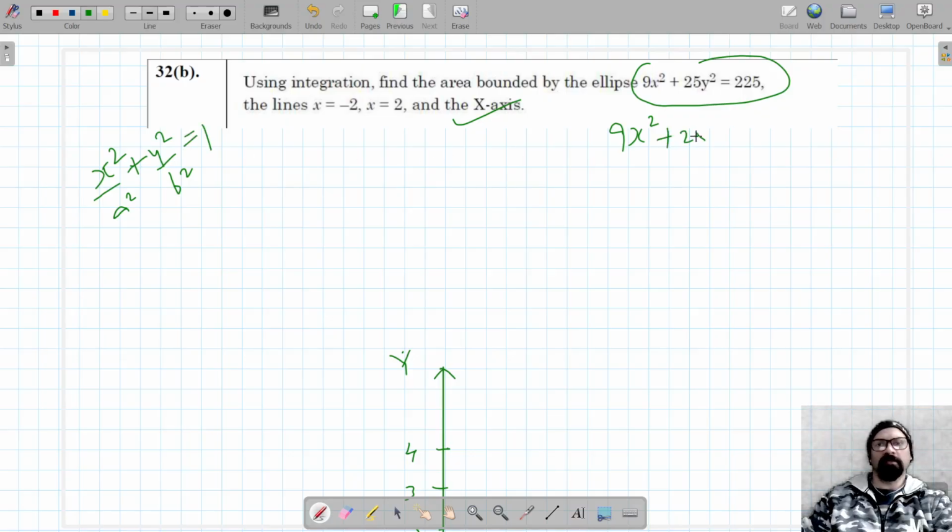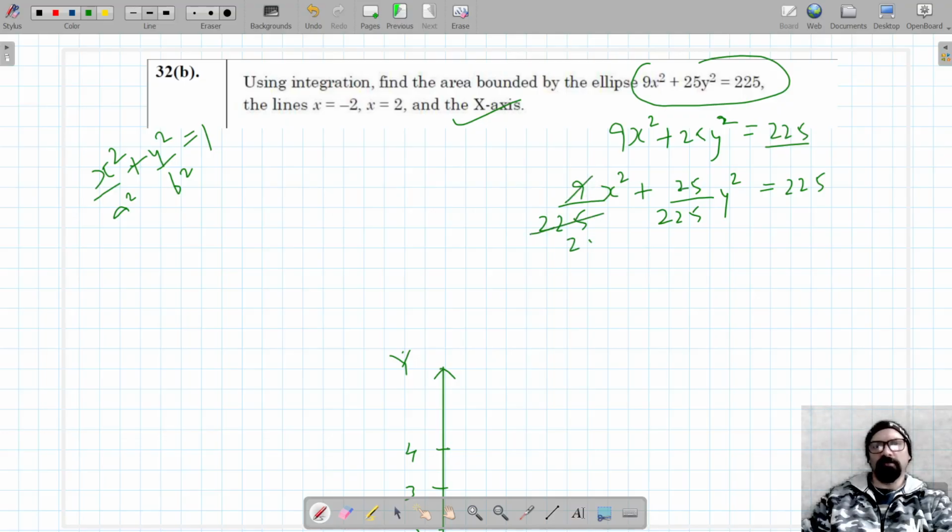So let's get this converted into the standard form, and we are going to divide each and every term by 225. So this is 9/225 x² + 25/225 y² = 225/225. Now this is 25, this is 9, and this divided by 225 is 1.